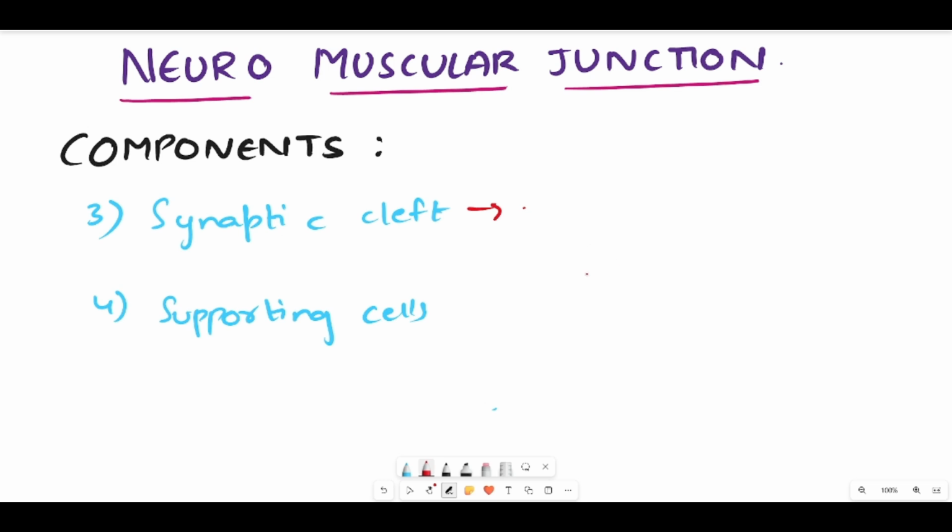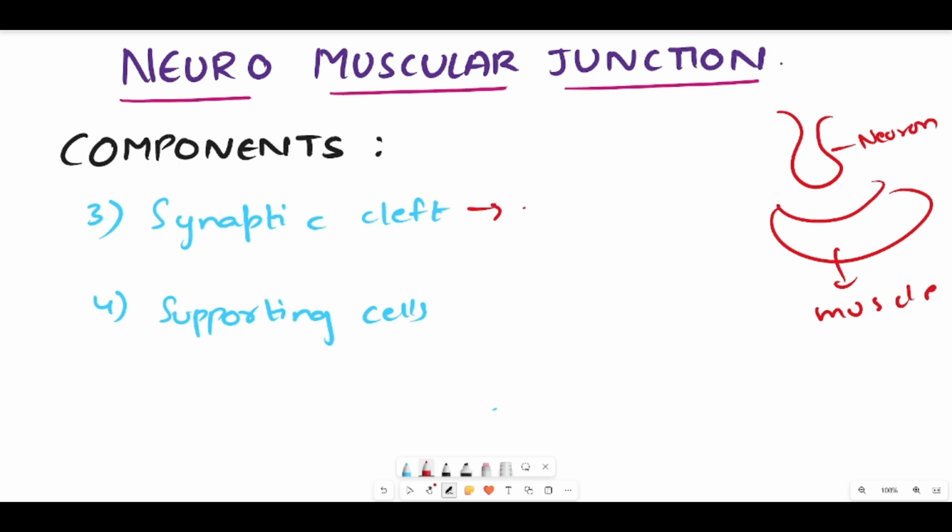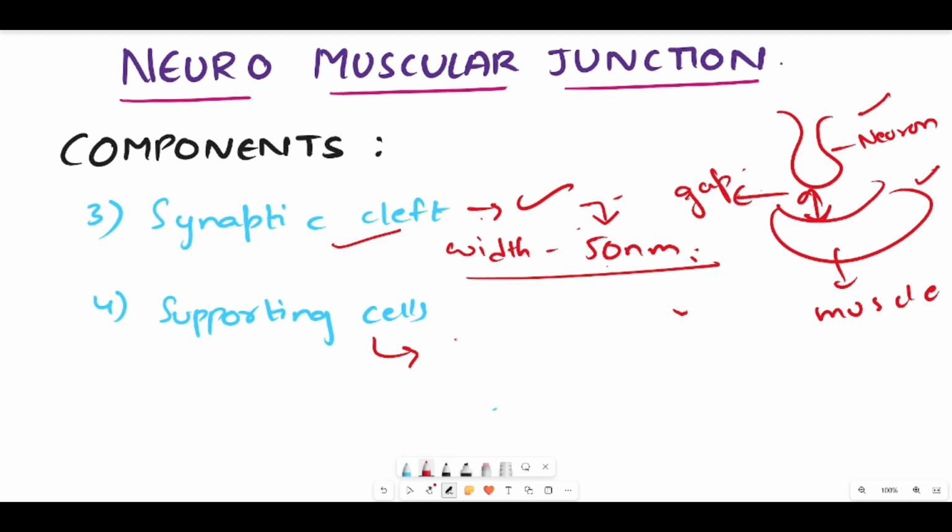So what is a synaptic cleft? Simply, suppose this is the neuron, and here we have the muscle. The gap between the neuron and muscle we will be calling the synaptic cleft, and it has a width of 50 nanometers. Then the other component is supporting cells.